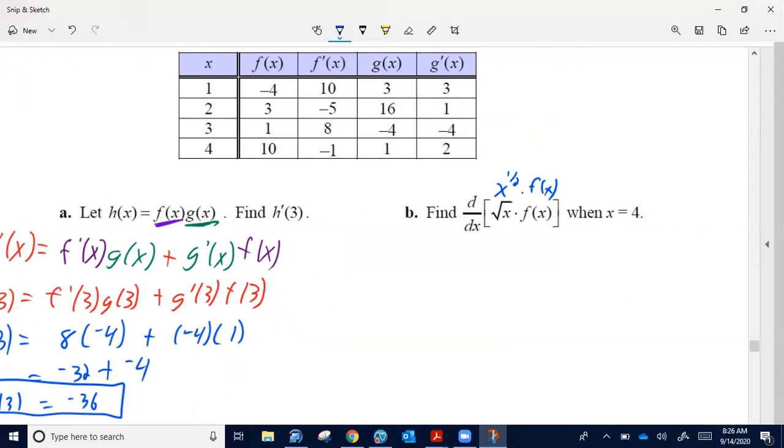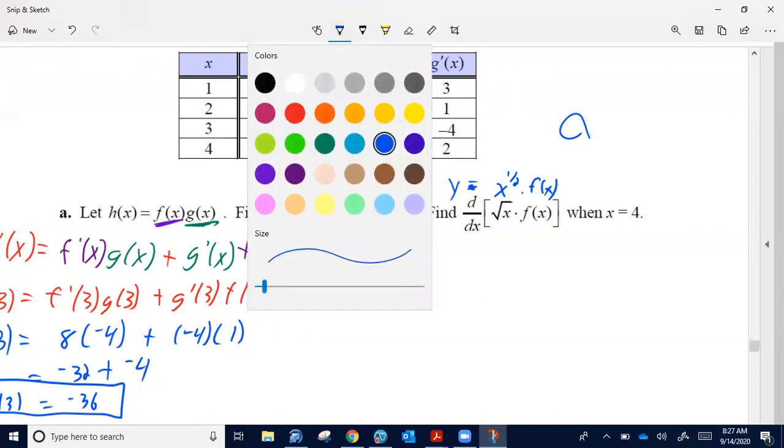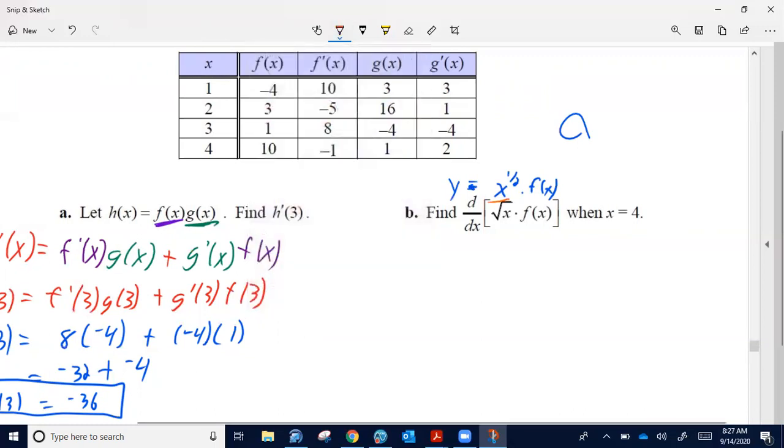We could call this y equals, that's our function. It is a product rule. We have two x's going on here: x to the 1/2, f of x. Two different things multiplied together. Find this derivative. Find y prime.